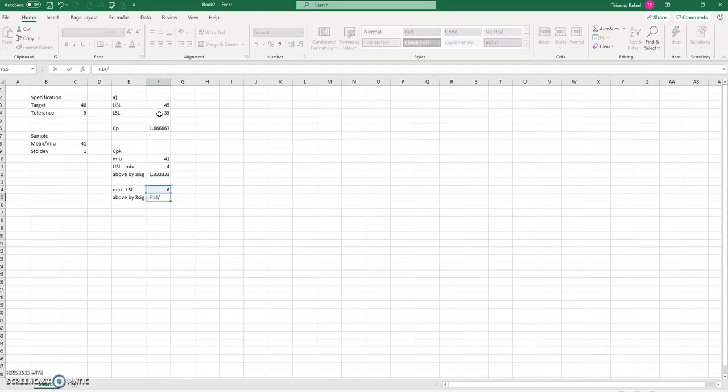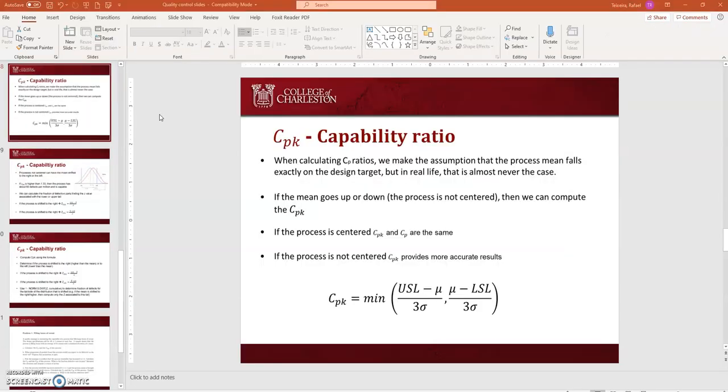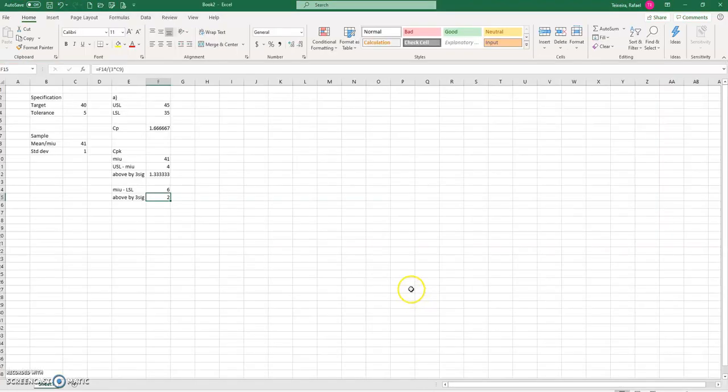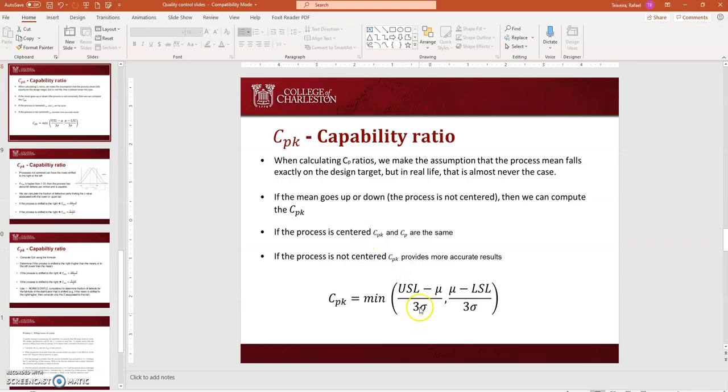This divided by open parentheses 3 multiplied by my 1 sigma. Okay, so take a look, this results in 1.33, and this one too.